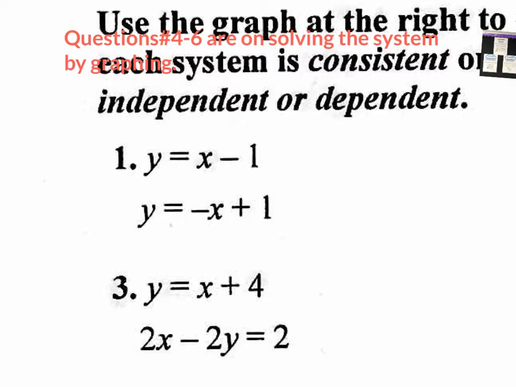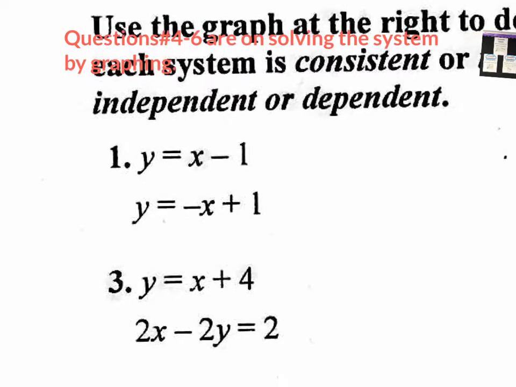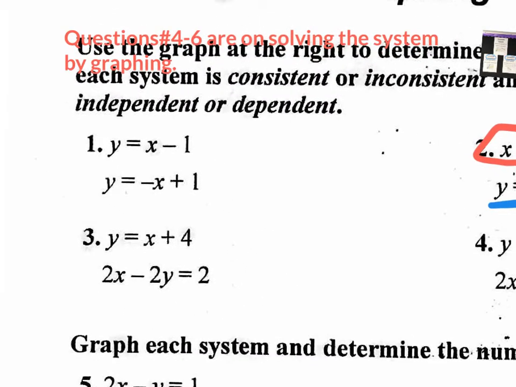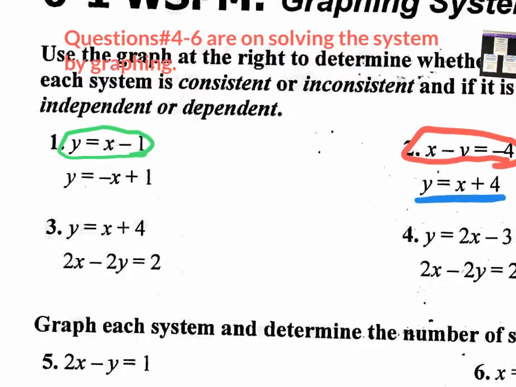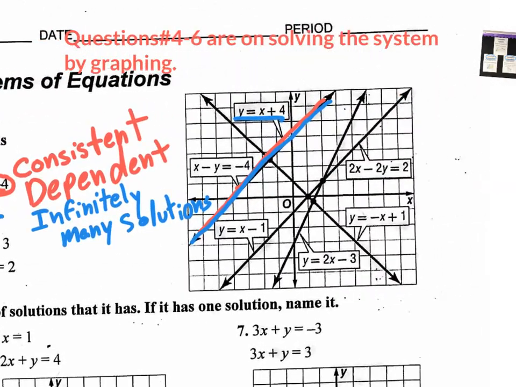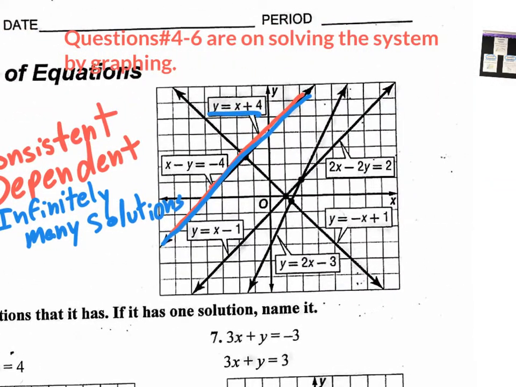So you don't even have to graph it because it's already graphed for you. So let's look for this top equation. I want to do it in green. I want to identify it with the green color. Y equals x minus 1. If we look for it over here, y equals x minus 1, that is right here. So it's this line. Let me color it in green.